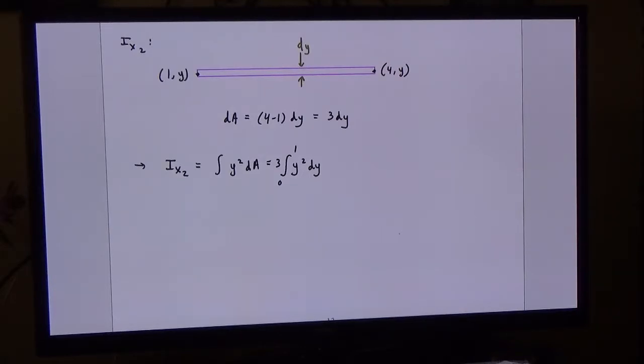And I can integrate this to find 1 meter to the 4th power. Putting all the information together and solving for I about x of the body, I just take I about x for part 1, add it to I about x for part 2, and that gives me the total moment of inertia for the body: 10 meters to the 4th power.